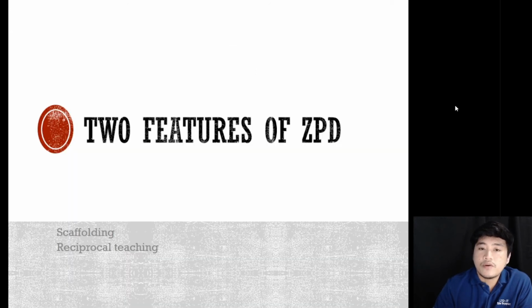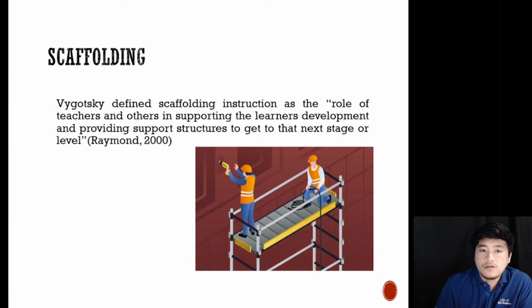So in the zone of proximal development, we have two features. We have the scaffolding and the reciprocal teaching. So scaffolding, Vygotsky defined the scaffolding instruction as the role of teachers and others in supporting the learner's development and providing support structures to get to the next stage or level.